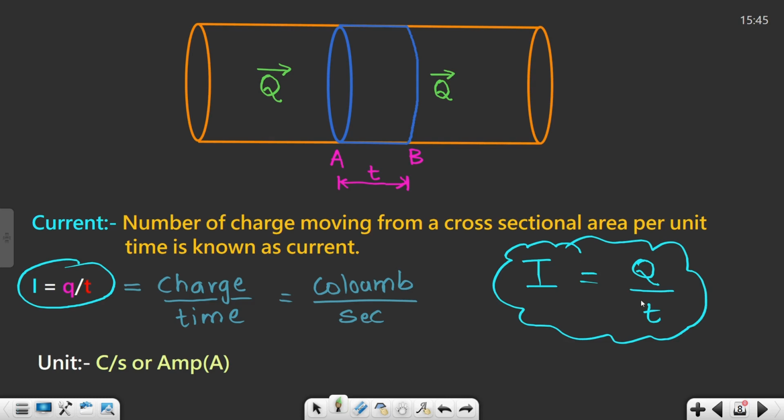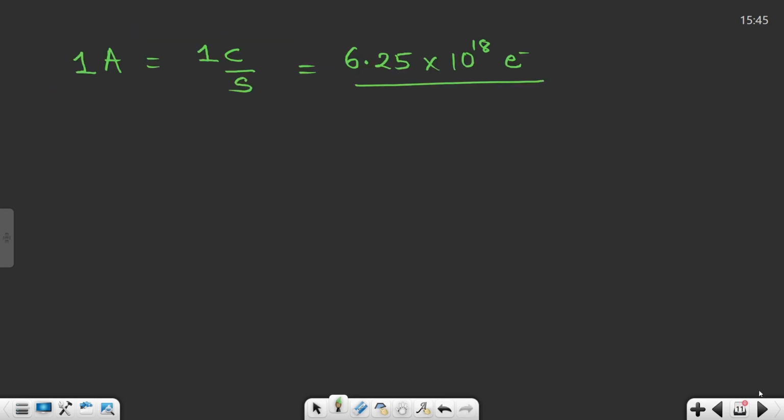I hope you are able to understand this scenario, right? So whenever someone says 1 ampere of current, that means 6.25 into 10 raised to 18 electrons move per second through that given cross sectional area.